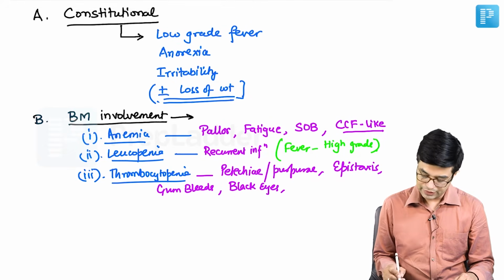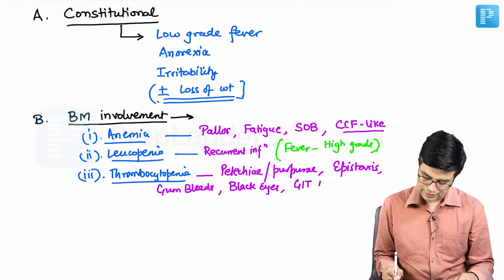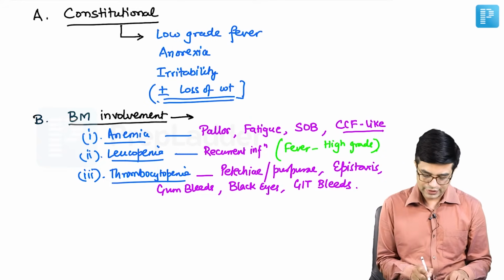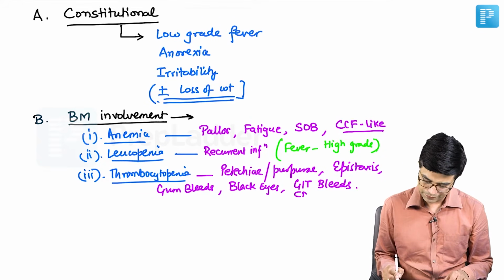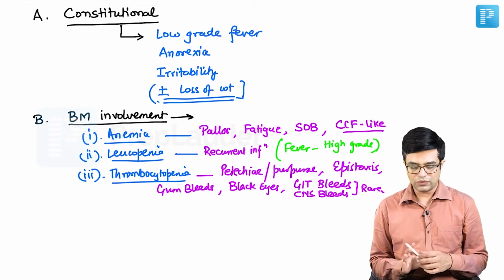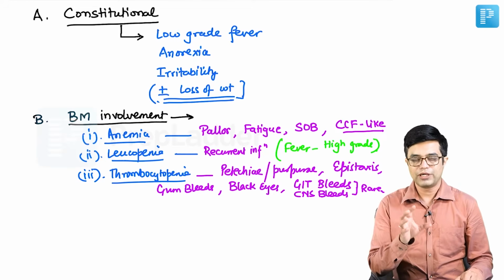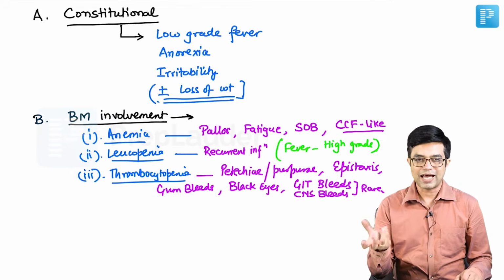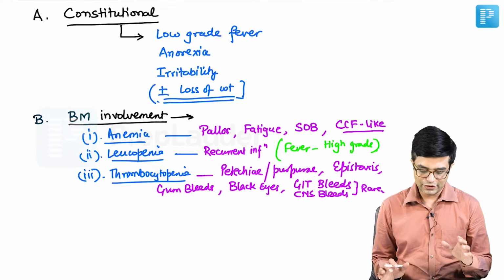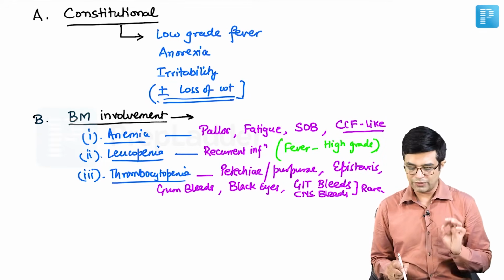Many times you will find even GIT bleeds in these individuals, and very rarely CNS bleeds can also be seen. CNS and GI bleeds are the rare manifestations. And many times it's not only a one line or two line involvement, sometimes pancytopenia may also be seen in these individuals. So the second category of features are related to bone marrow involvement.